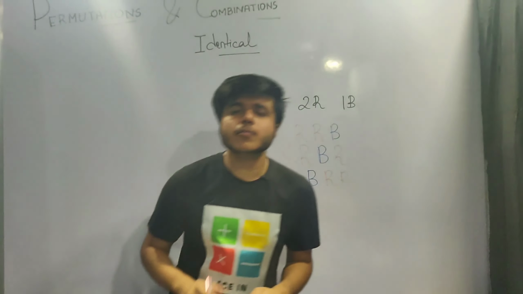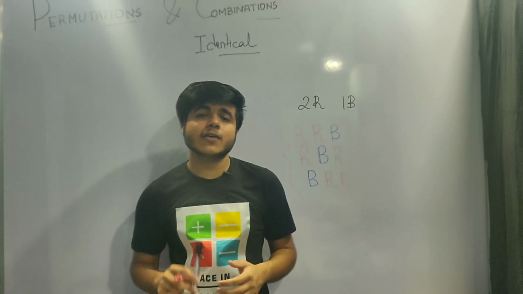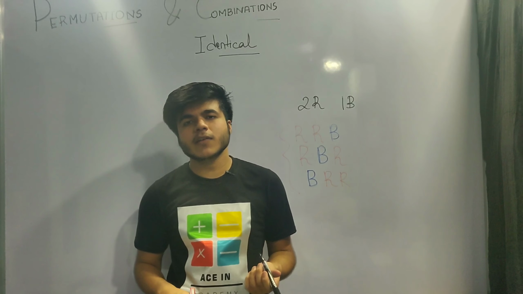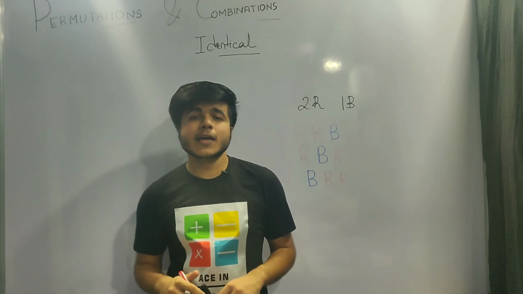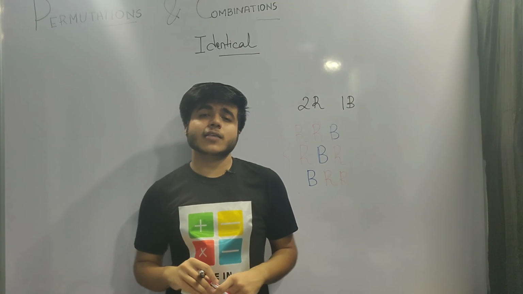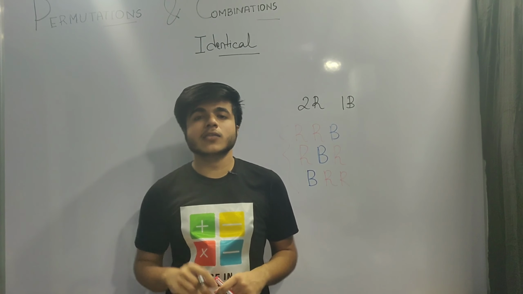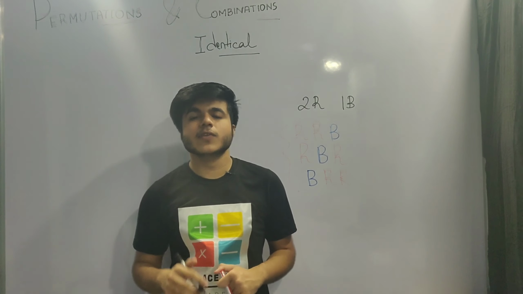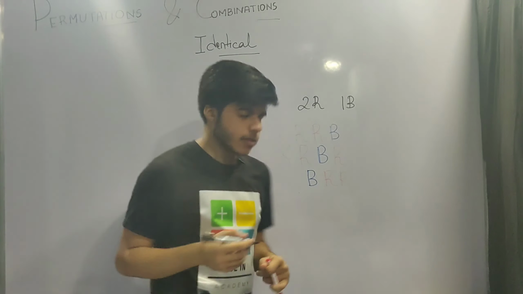Now this was a problem that you could do manually, but suppose I give you 20 balls, out of which 5 are red, 7 are blue and 8 are green, and I tell you to arrange them. Now arranging them manually is not a good idea, and for these cases we have a formula which goes like this.